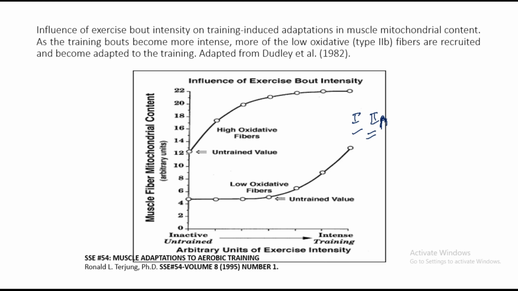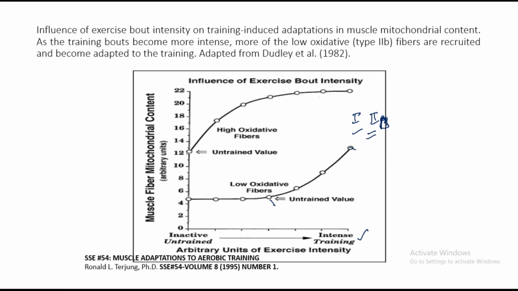So this slide shows how low oxidative fibers, particularly type 2B fibers, usually adapt their number of mitochondria to the intensity of exercise, regular high intensity exercise. Here it increases its number of mitochondria very significantly, so that it facilitates the oxidative capacity of the muscle fiber.